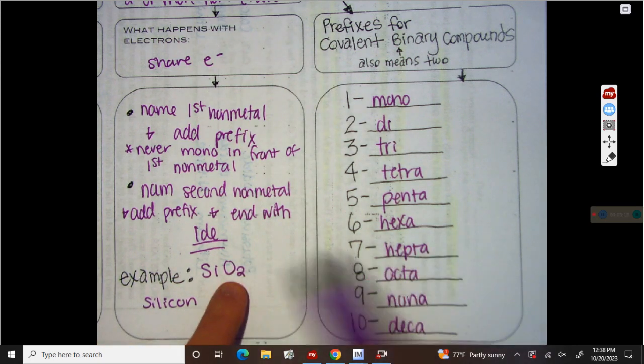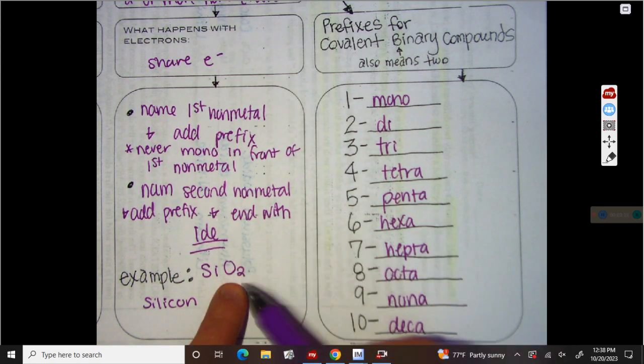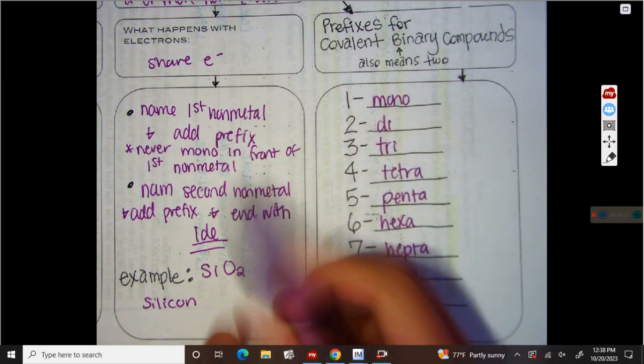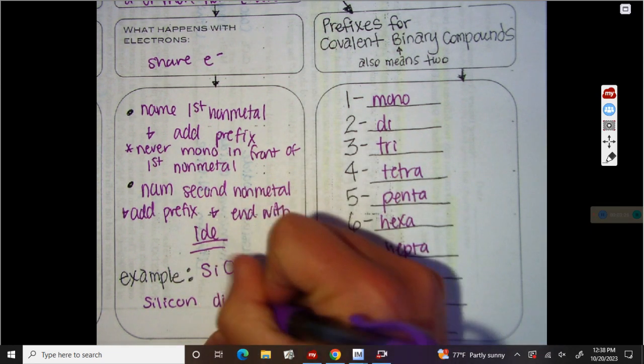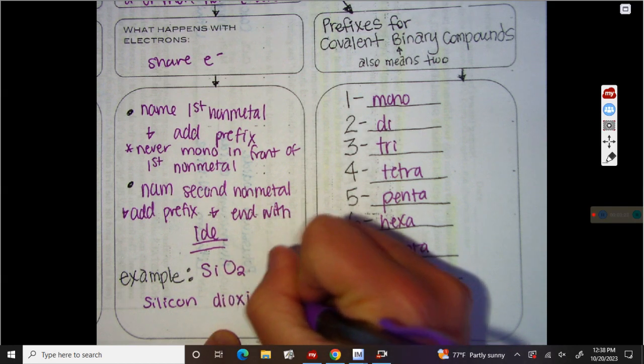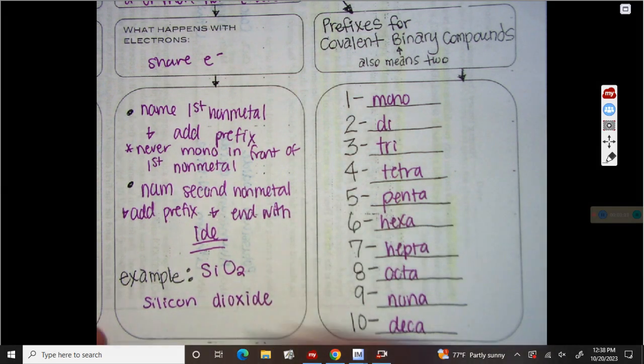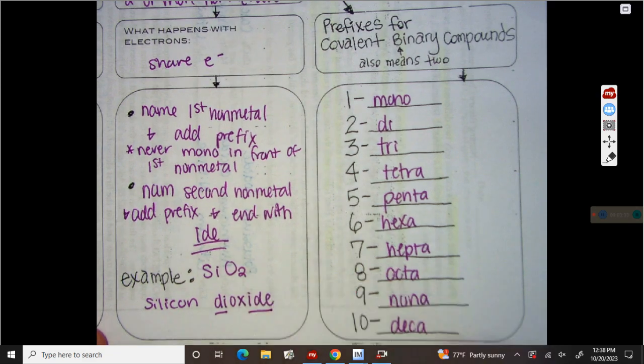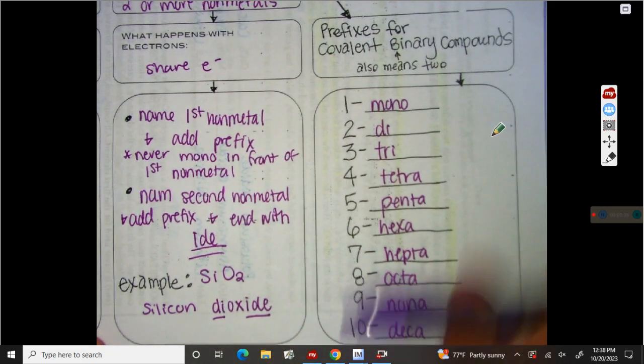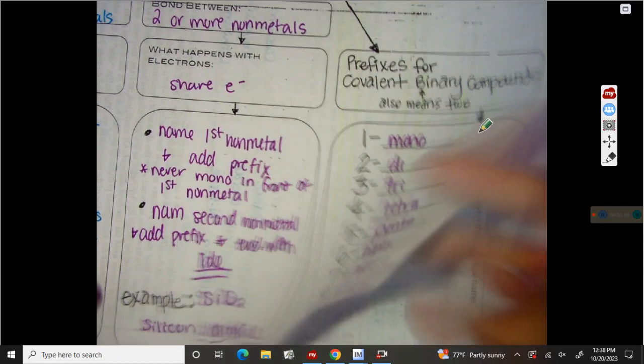And then I have oxygen right here. Now, I start with a prefix. For 2, that's going to be di. I write my nonmetal and put ide on the end. Silicon dioxide.